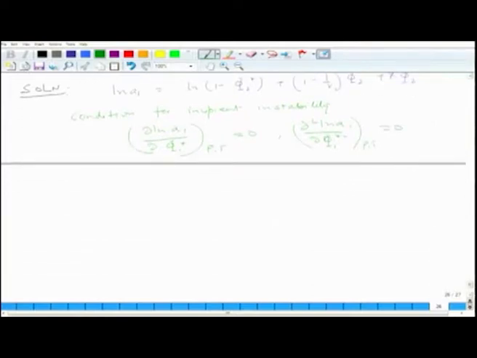So, this is equivalent to stating d ln a1 over d phi 2. These two statements are equivalent.